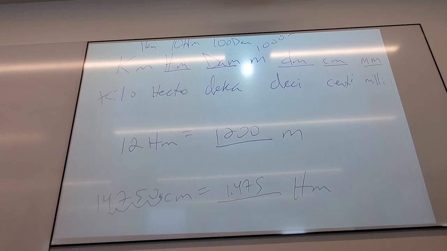If you can write for yourself kilo, hecto, and so on, the conversions that I asked you to do are very, very easy. You just have to count and see which way you went, correct? Because it's all based on 10. So if I count 3 places that way, I'm going to move the decimal 3 places that way.